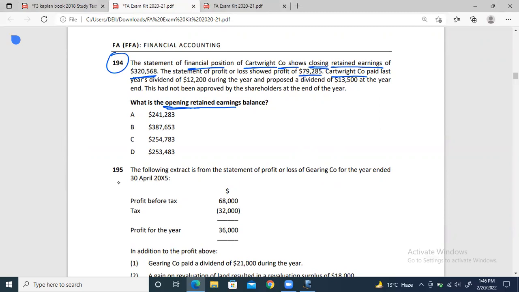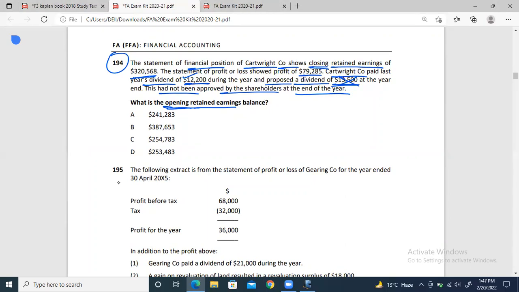Cartwright Company paid last year's dividend of 12,200. So yes, this dividend was actually paid, right? And now see what's happening above, and proposed a dividend of 13,500. So I told you that proposed dividends are straight away ignored, right? So we have to ignore this 13,500 at the year end. Okay, this had not been approved by the shareholders. Obviously, if this has not been approved, the shareholders will not know about this, so we have to ignore it. We don't have to record it as a liability.